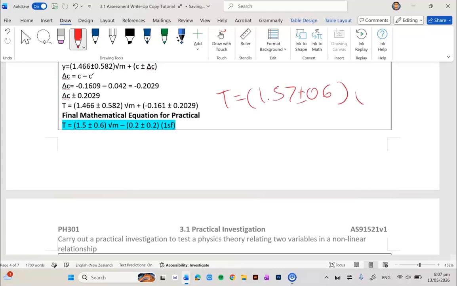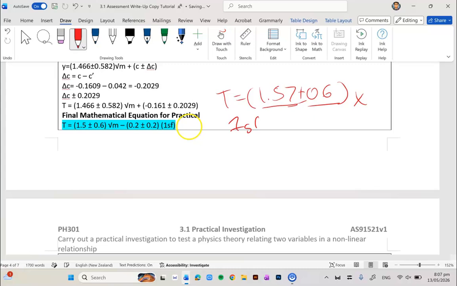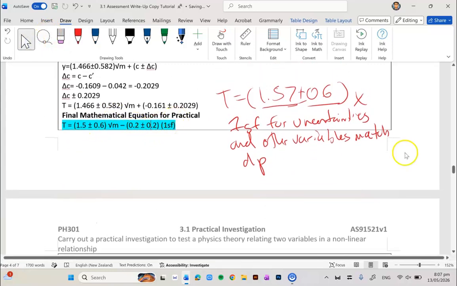That would be wrong because these dp's don't match. Same goes for the intercept. So you've got to make sure it's one significant figure for the uncertainties, and other variables match decimal points. Okay, that's your final mathematical equation for the practical.